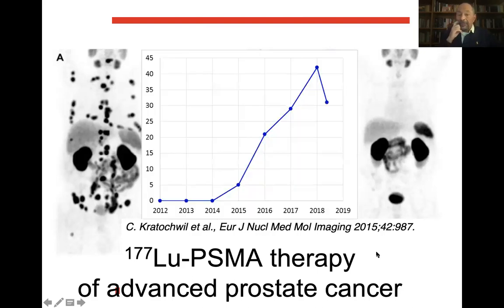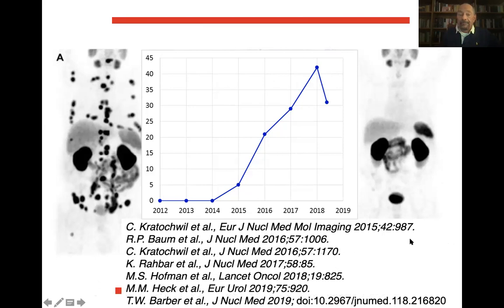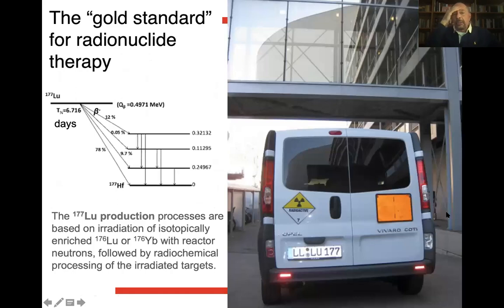So not surprisingly, you see this is the number of papers on lutetium PSMA as a function of the years. After this paper that was in 2015, you had something like 30, 40 papers per year, because a lot of people are working now on this system. So lutetium-177 is becoming maybe the most important compound for radionuclide therapy.